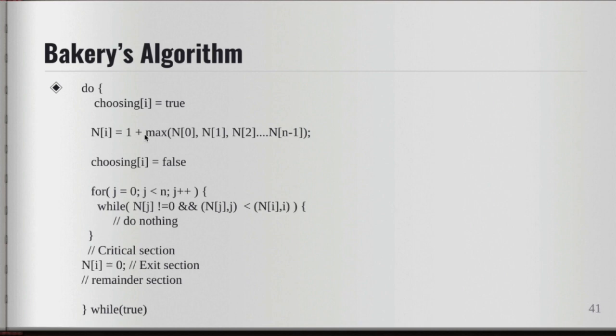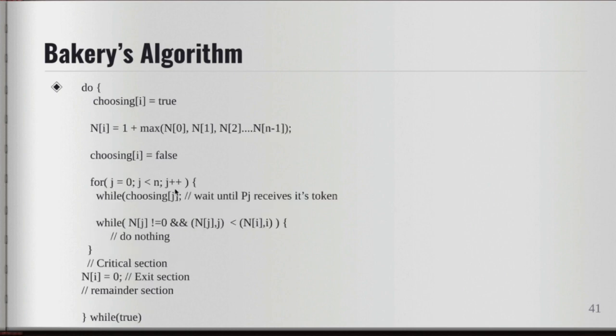Even in bakeries, if the current token number is 10, the next customer gets token number 10 plus 1, which is 11. That is why it chooses a token number larger than the previous one. Once it has chosen, it sets choosing[i] to false, letting the other processes know that it has finished choosing its token.